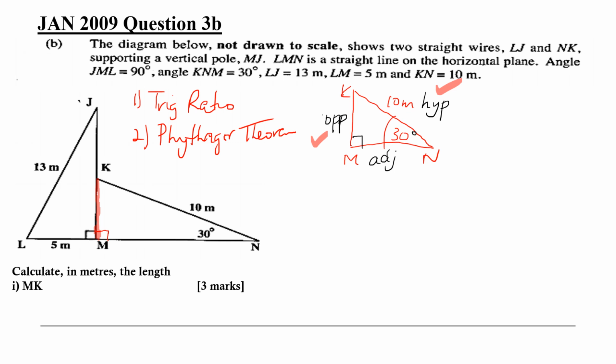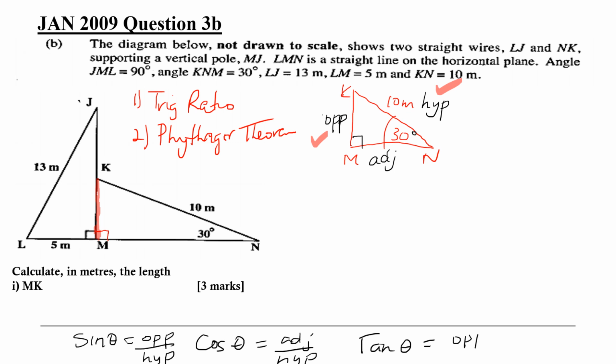Okay, let me just write that here. So sine theta is opposite over hypotenuse. Cos theta is adjacent over hypotenuse. And tan theta is opposite over adjacent.